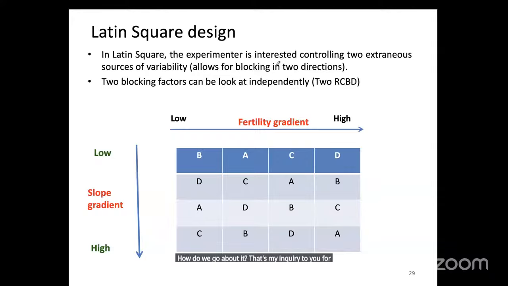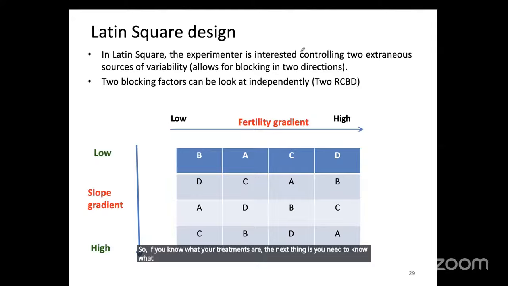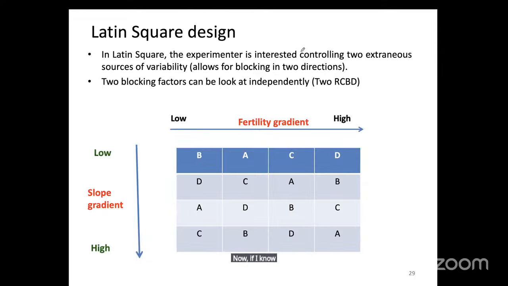Thanks a lot. We will mention hypothesis as we move along. For the design for now, the first thing is you need to make sure you know what your treatments are. If you know what your treatments are, the next thing is you need to know your experimental material. Now, if I know my experimental material, the question I always ask myself is, do I have a uniform experimental material?